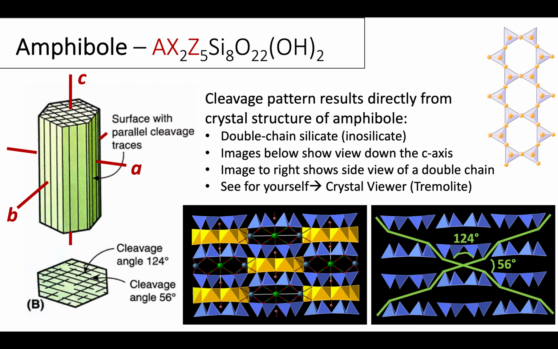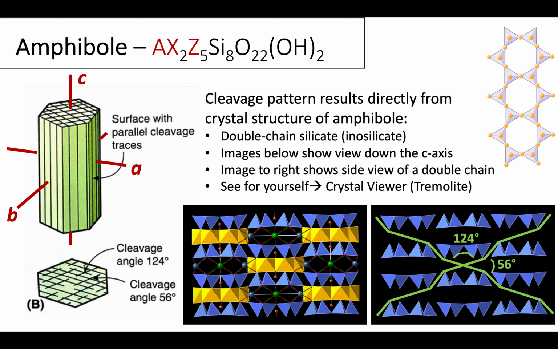And so again, just like with pyroxene, these cleavage patterns are resulting directly from the crystal structure of the amphibole on the microscopic level. So rather than with pyroxene, where we were looking at a single chain silicate, here we're looking at a double chain silicate. On the right here, I have an image of what a double chain silicate looks like from the side.